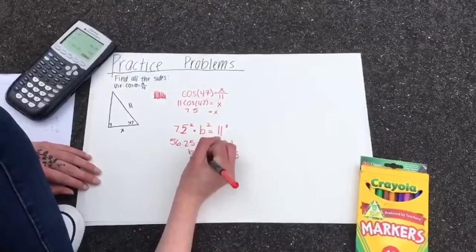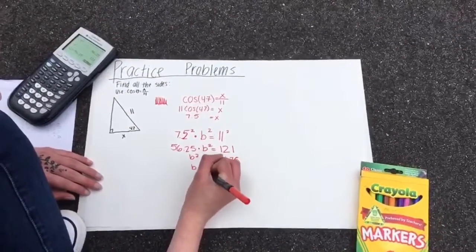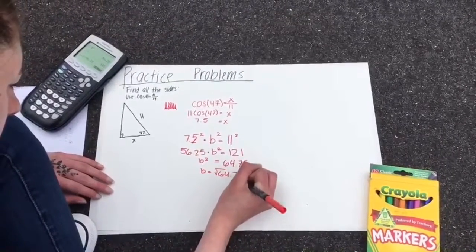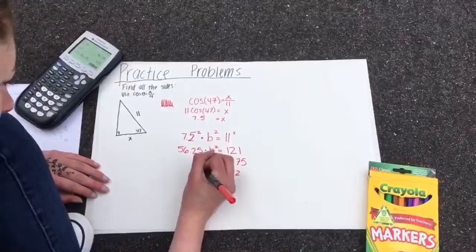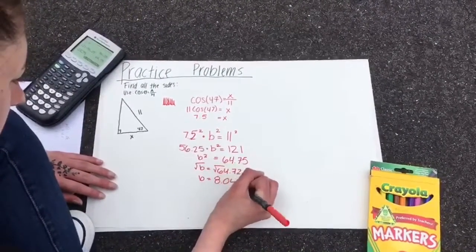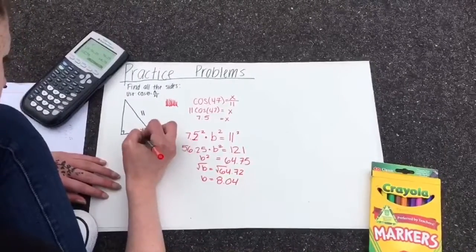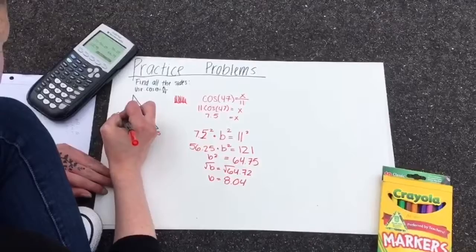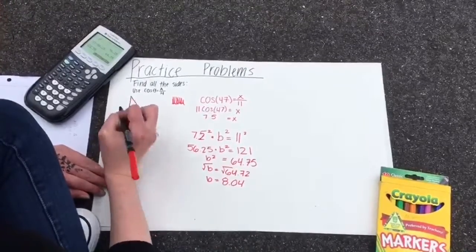And then after you get b squared, you take the square root of the number you get, which leaves you with b. And that is all for this problem.